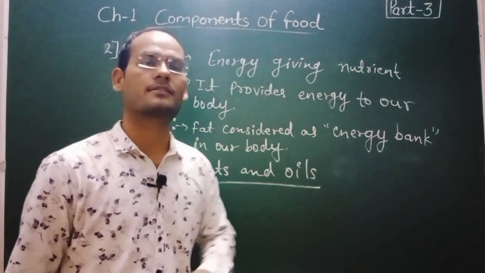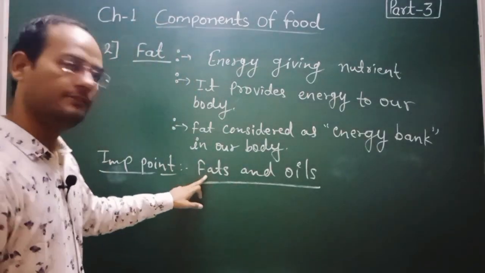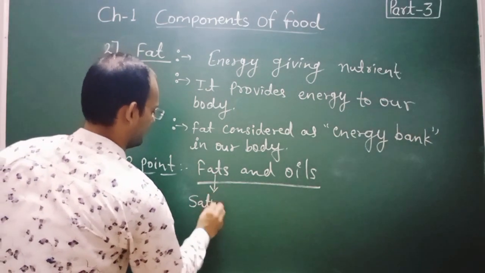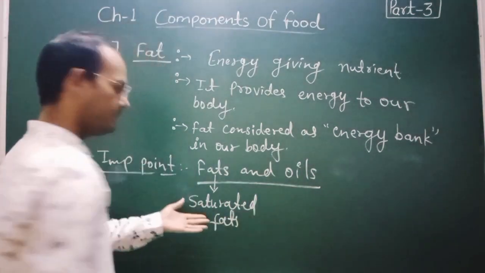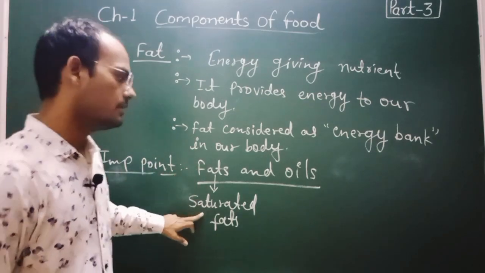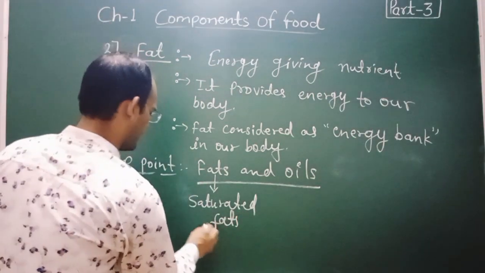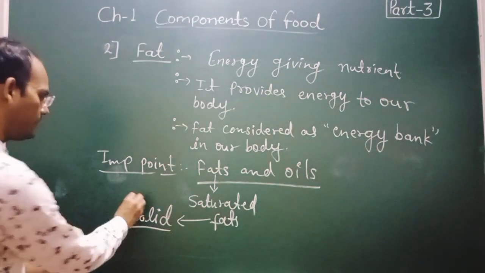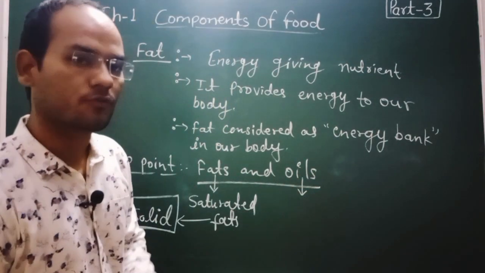So fats and oils are similar substances, but the only difference is that fats are saturated fats, and they are generally solid at room temperature. So we can say they are solid at room temperature, whereas oils are unsaturated fats.